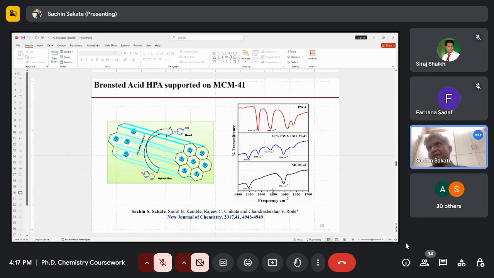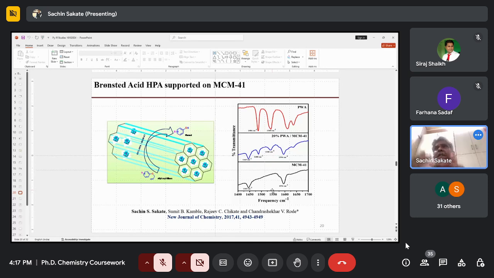If you are reducing it to 10%, just see how low we can go. You are using only 10 milligram of active species, phosphotungstic acid, for 100 milligram of catalyst. If you go lower, 5% catalyst, you will use only 5 milligram of active species for 100 milligram of catalyst.